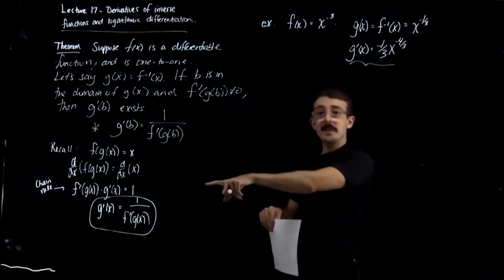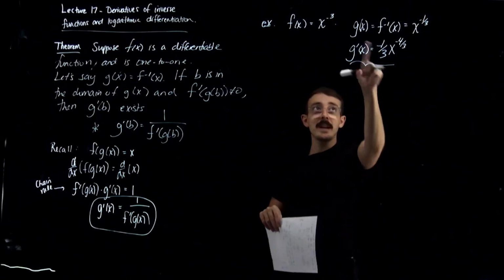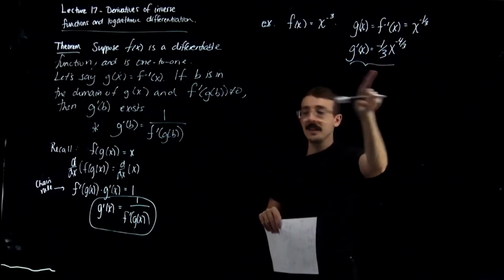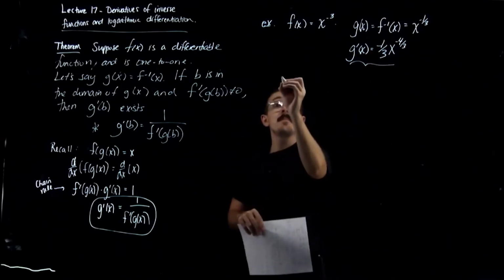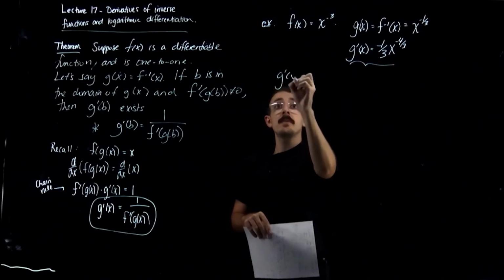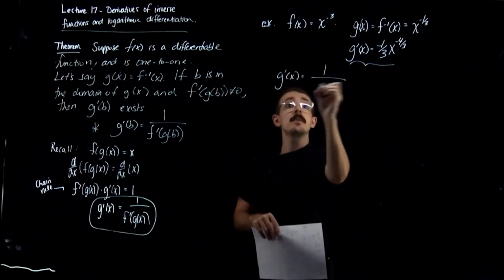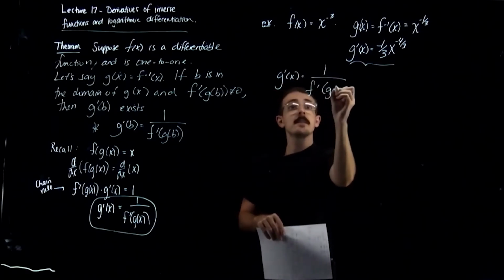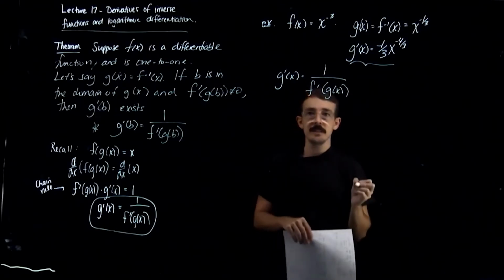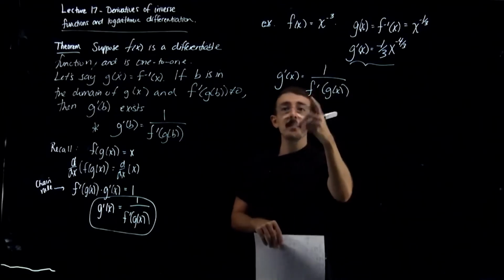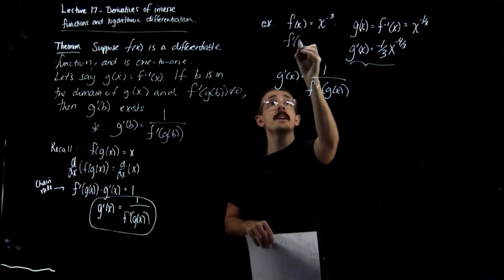However, let's do it using the formula now. So this is one way to do it, if you can actually find the inverse first. Let's do this one. So we know g prime of x is equal to 1 over f prime of g of x. I don't have f prime of x yet, but I can find that.